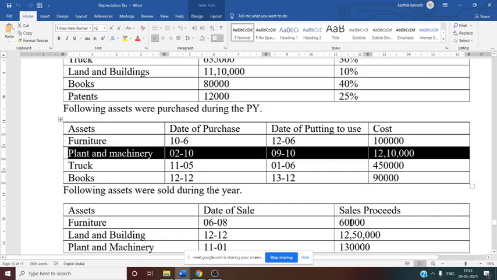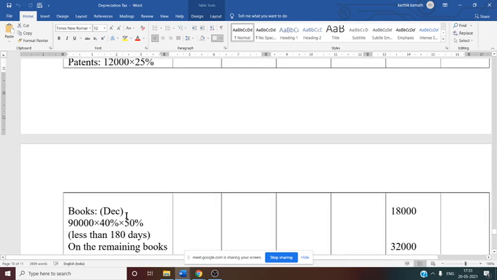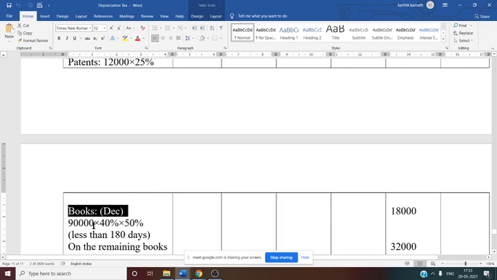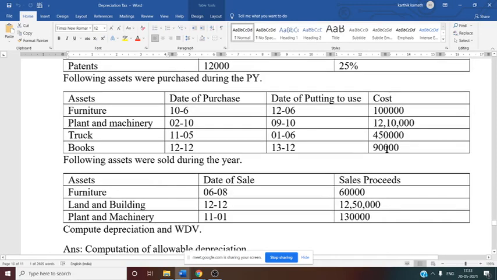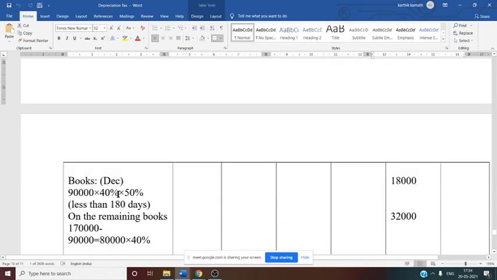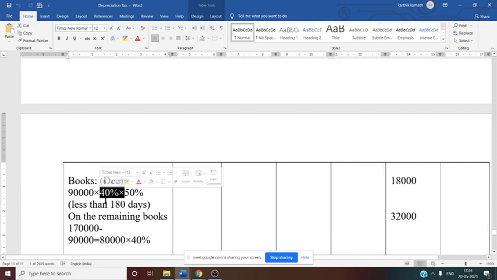First, we calculate book, purchased in the month of December. What is the purchase value of book here? Purchase value of book is given as 90,000. We know 90,000 into book rate. Book rate is 40%, into 50%. Why into 50%? Because it is less than 180 days.